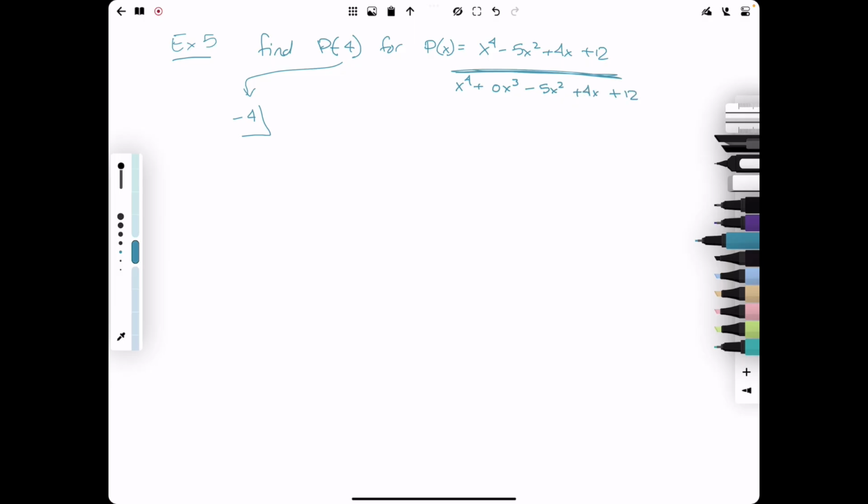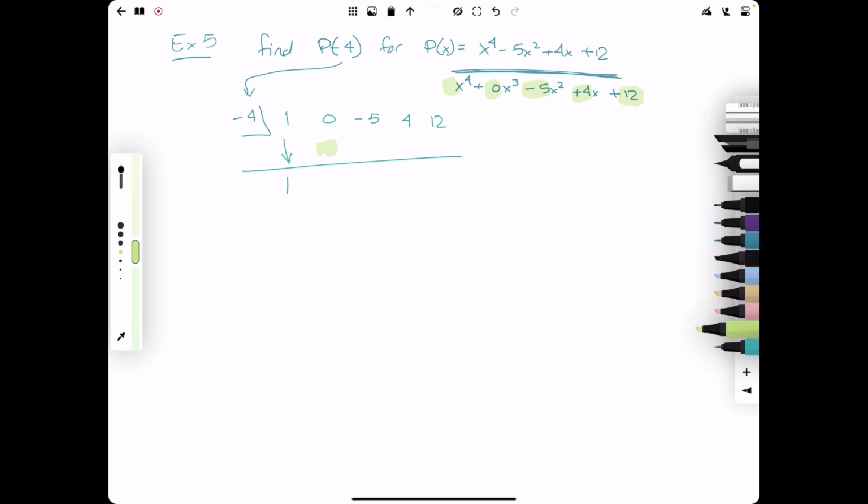Now I have all the coefficients that I need. So I can write it in as 1, 0, negative 5, 4, 12. Give yourself space, because you're going to write numbers below what you just wrote. Bring down your first number.